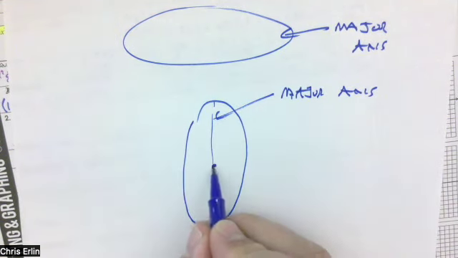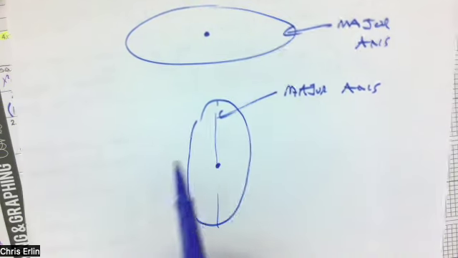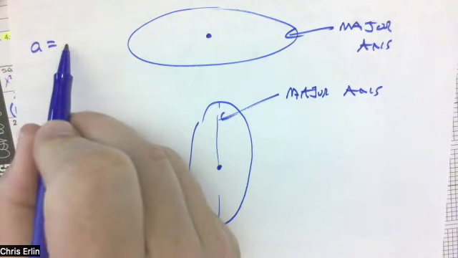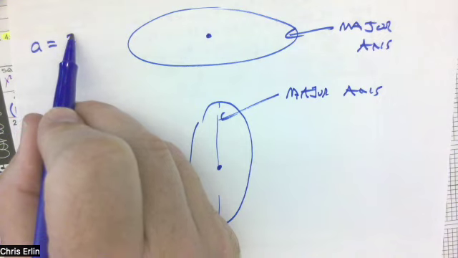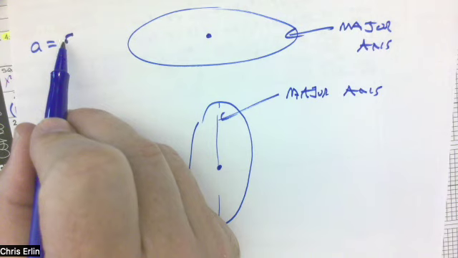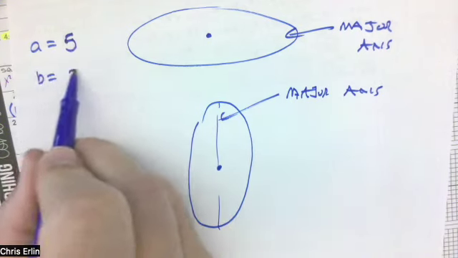Okay. They're both going to have a center in the center. And let's say for both of these scenarios, in this case, we'll say that a is equal to 5 and b is equal to 3.